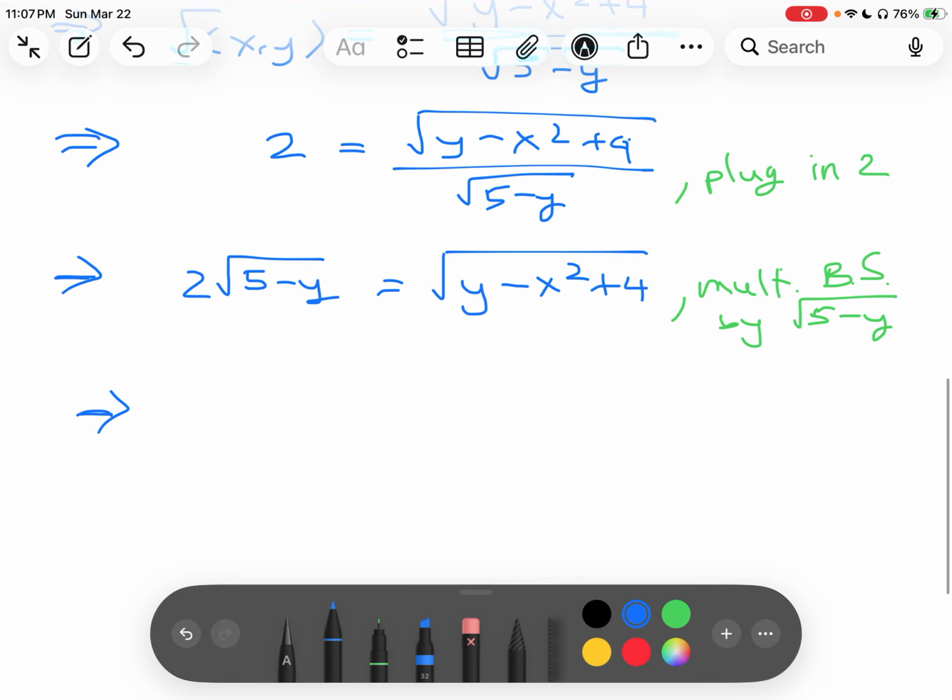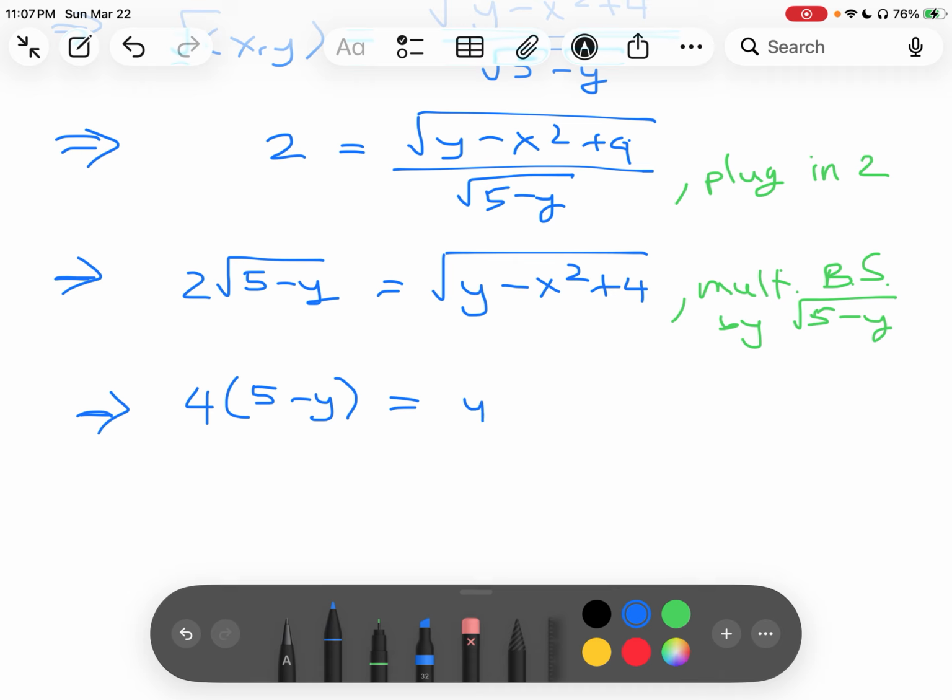Next I'm going to square both sides because I want to get rid of these square roots. So we have 4 times 5 minus y equals y minus x squared plus 4.